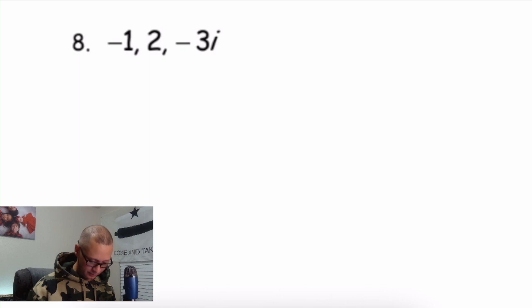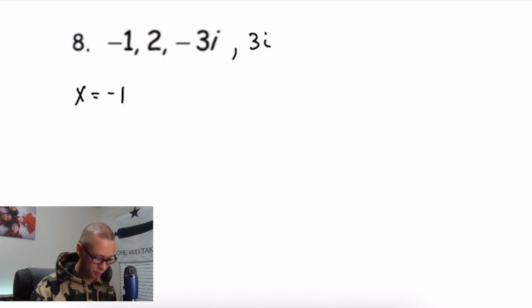So immediately, i's come in pairs, so 3i is for sure. My technique, the way I do it, I write them down as roots. x equals negative 1, x equals 2, x equals negative 3i, x equals positive 3i.